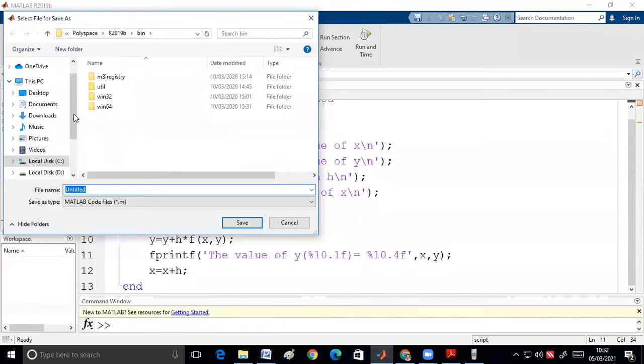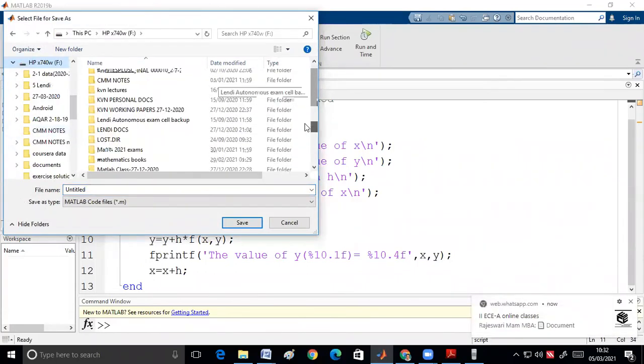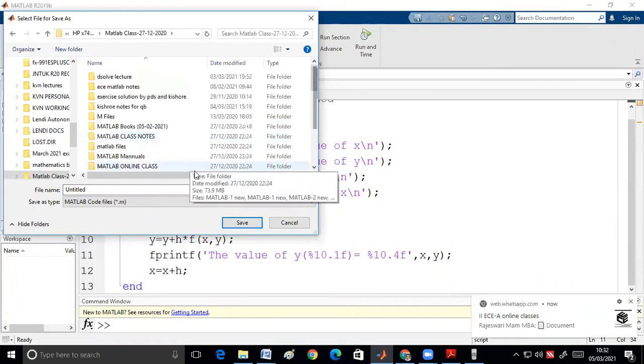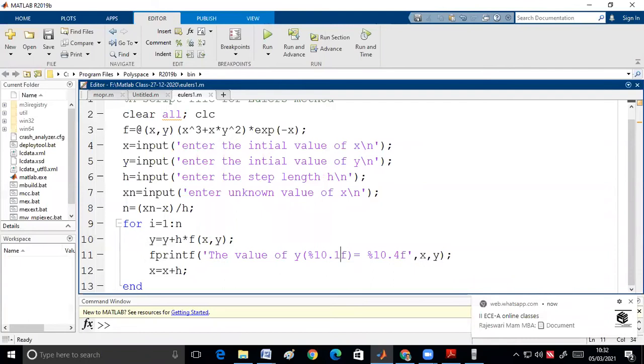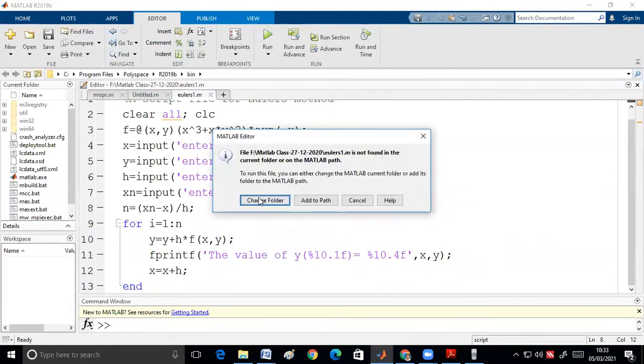Okay, I will save this program in my drive. I will call it Eyeless 1. Okay, now run this program. I will check if there is any mistake. Okay, change the folder.